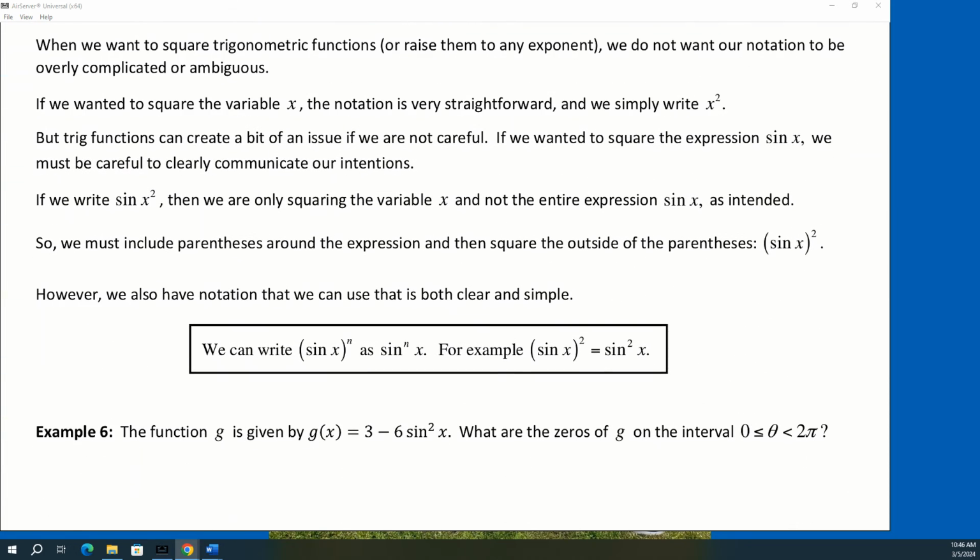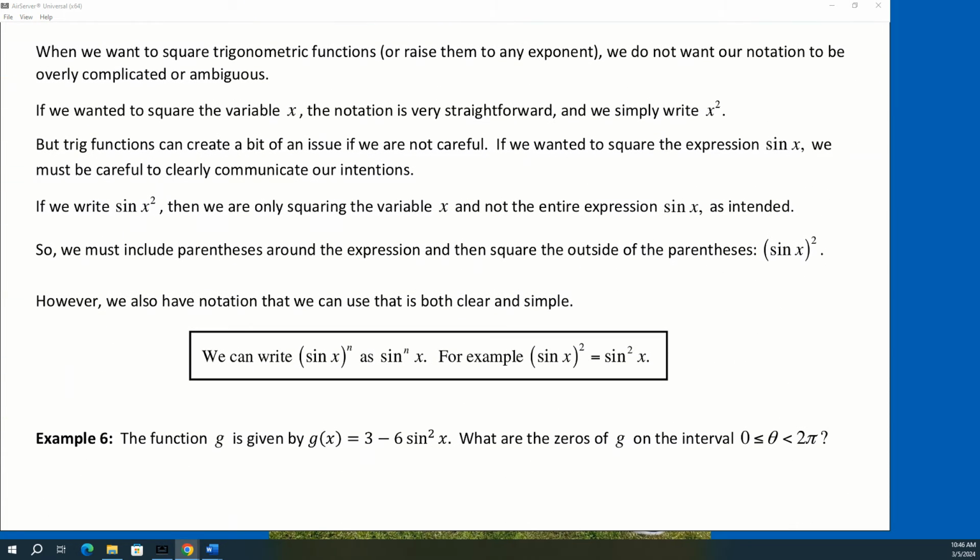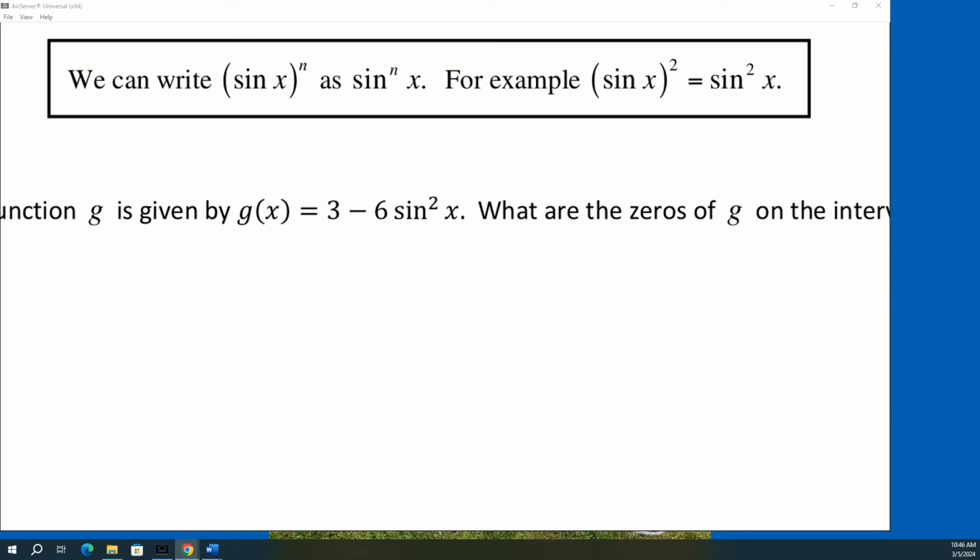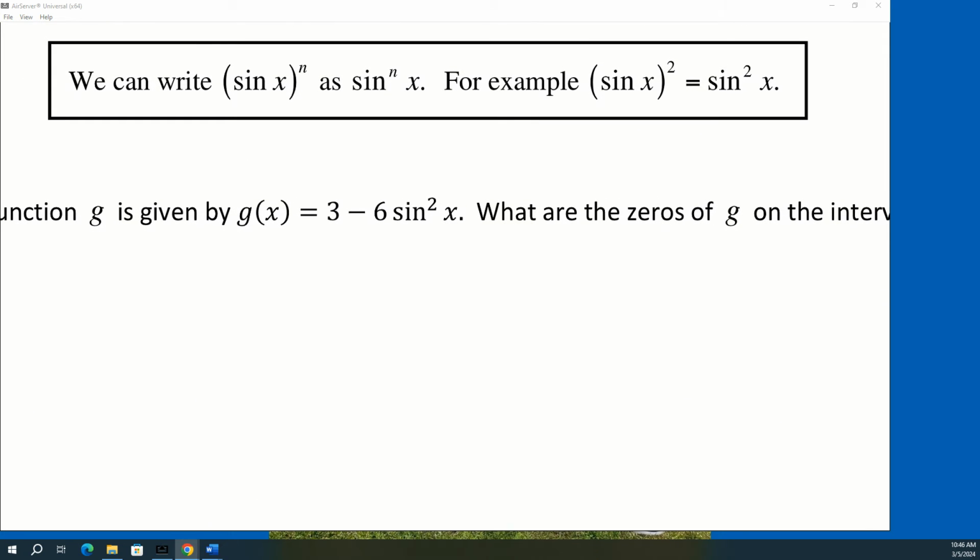Okay, now sometimes the sine or cosine is squared, and so there's some discussion about how to clearly communicate that in the notation that we're given. So what you really need to see is what's in this box. There are two ways to write sine to a power. The whole sine could be in parentheses with the power on the outside, or the power could just be on the sine.